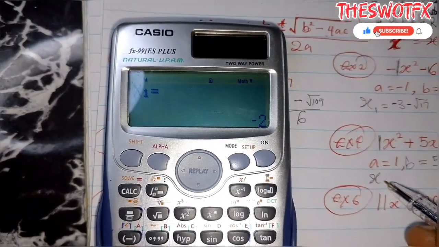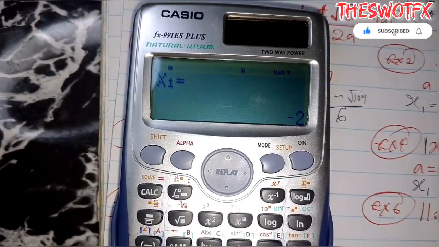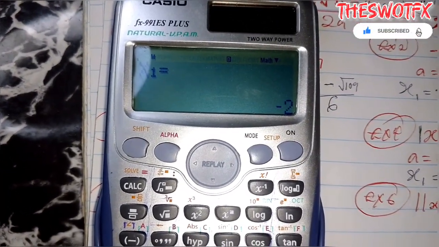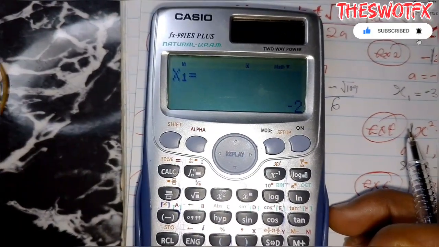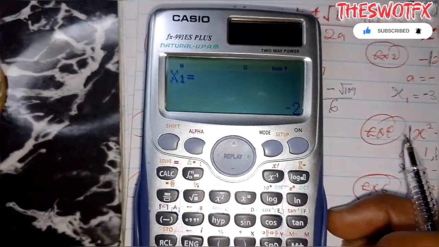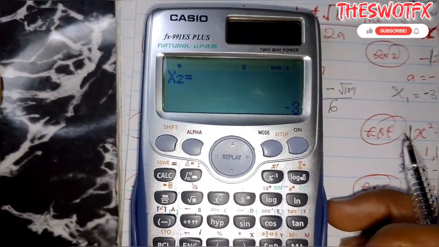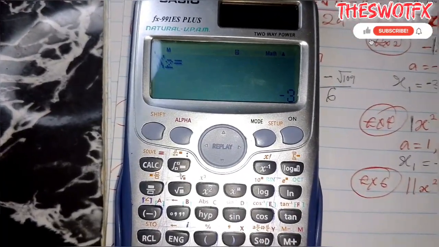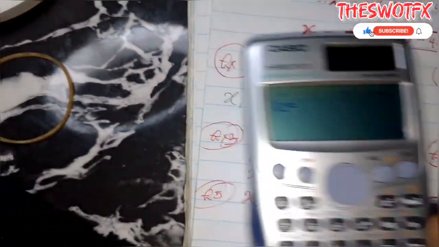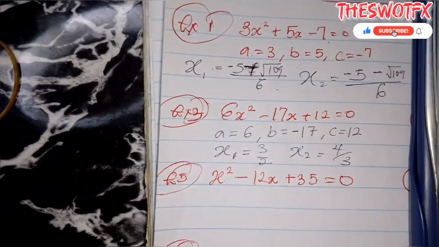So our x1 here is -2, our x2 is, press equal to again, our x2 is -3. Very good.